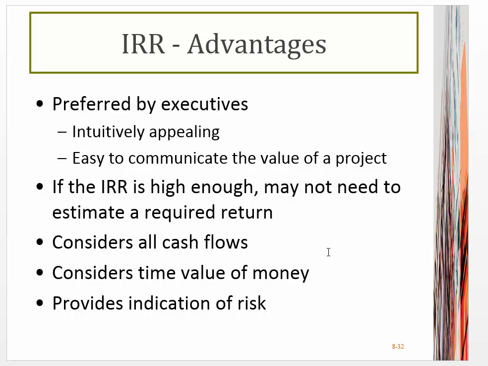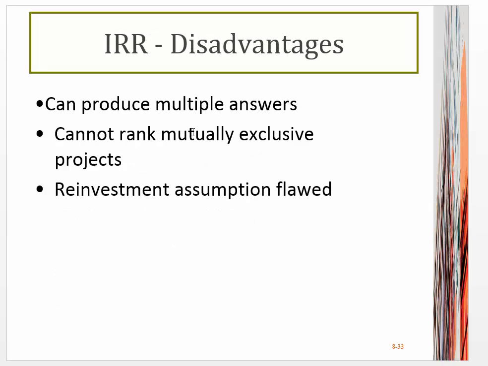The higher the return, the more likely the greater the risk of the project. The challenge, though, is that it has multiple answers. It's difficult to rank mutually exclusive projects. And it's actually the mathematics and the quantification of the number that creates some assumption challenges. We'll talk about those in a couple of minutes.